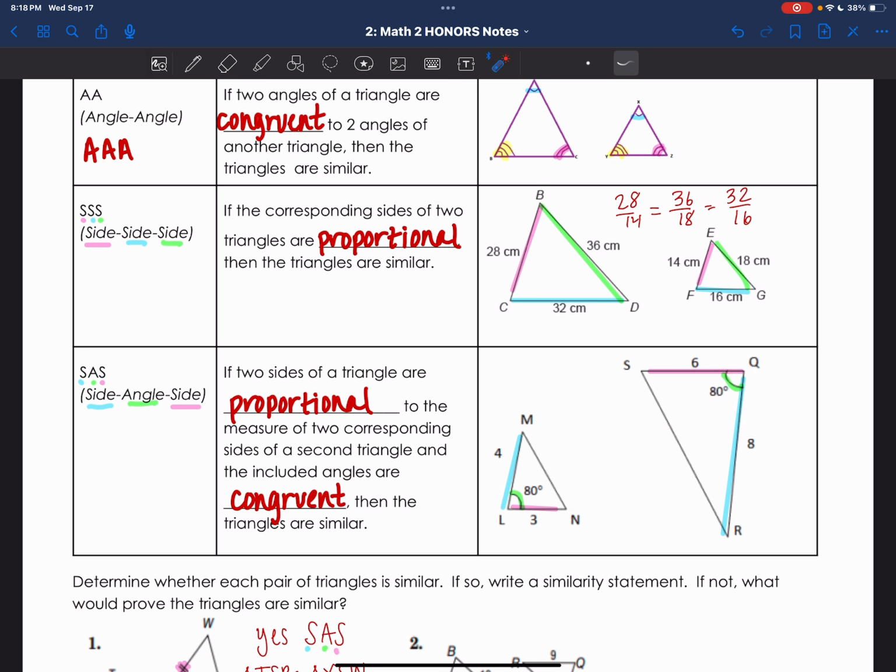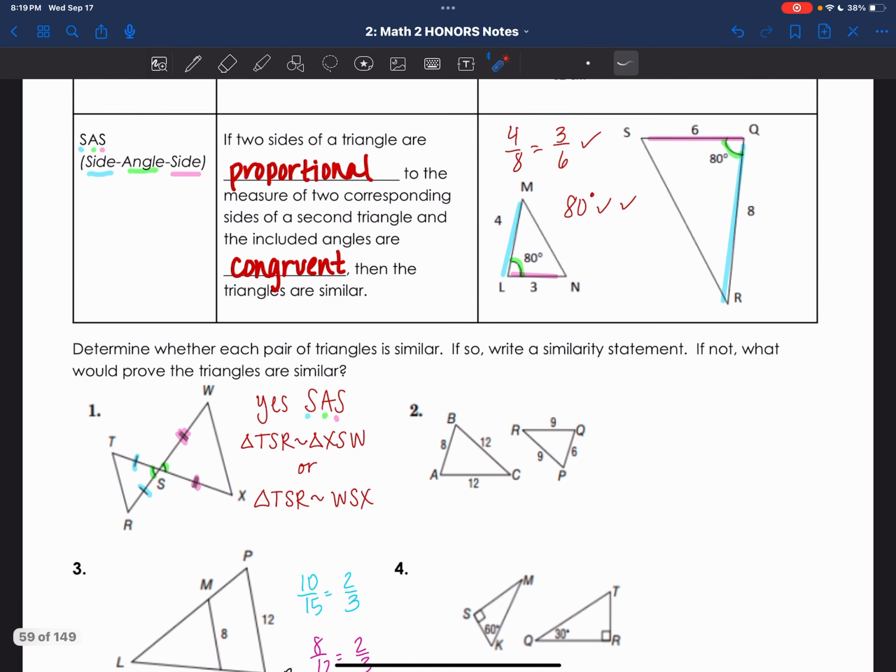So they all are the same proportion because we know 4 over 8 equals 3 over 6. So that's true. And they both have an 80-degree angle. So since it matches two sides and one angle in between, you know that these are similar.